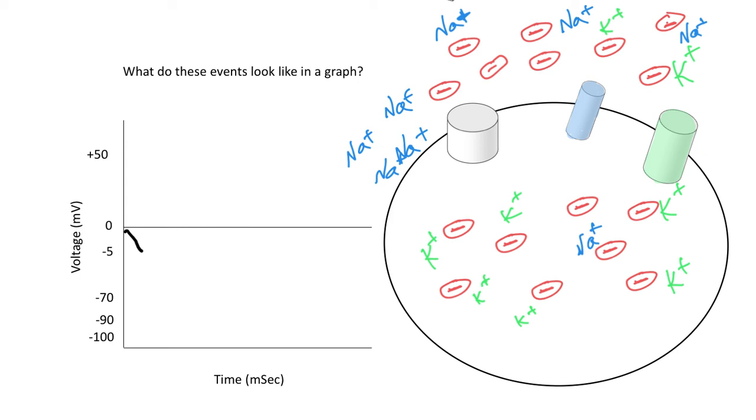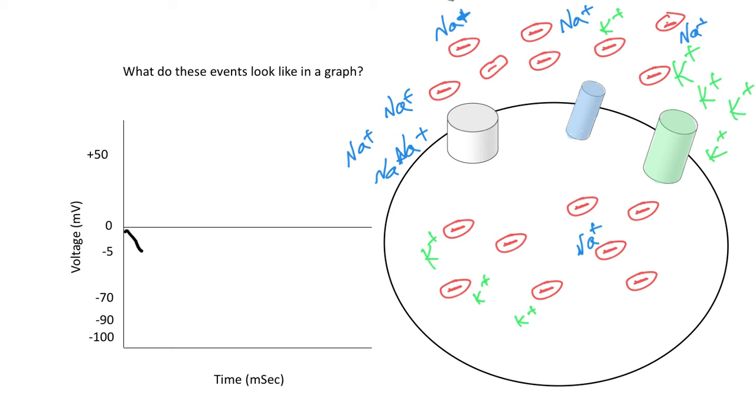Okay? So now what happens to the graph when potassium starts leaking out of the cell using the leak channels? So here it is, potassium is going out, keeps going out. As you remember, there are many potassium leak channels on the cell membrane, many more than sodium leak channels.